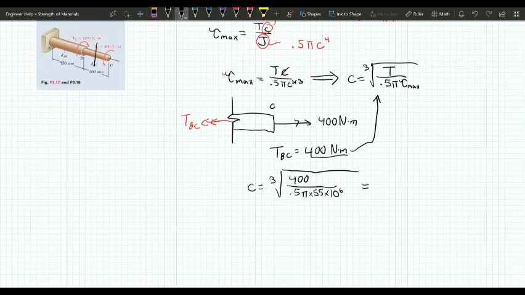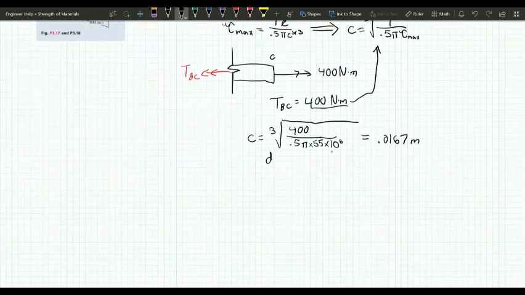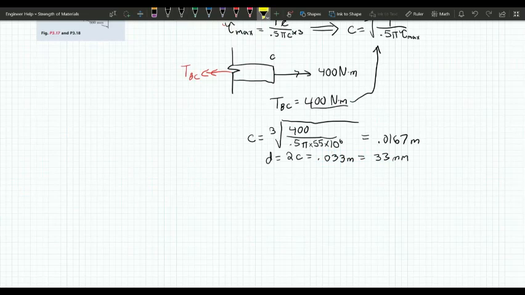Okay, and that turns out to be 0.0167 meters, right? And then to get the diameter, you just multiply that by 2, and you'll end up with 0.033 meters or 33 millimeters. And that is for the diameter BC.